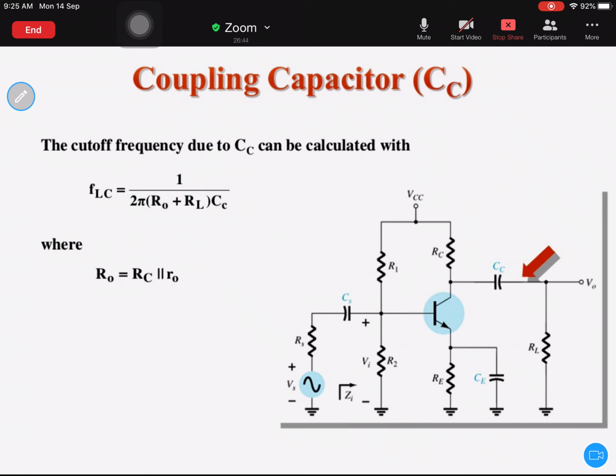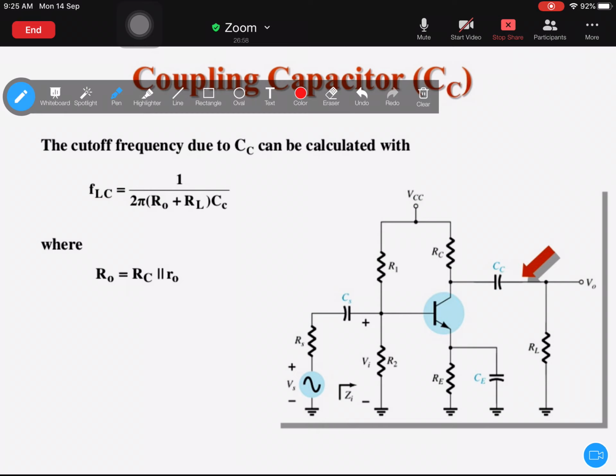Next one, if you are finding the cutoff frequency due to CC and only considering the effect of the output coupling capacitor, then the formula will be like this. Now you have to observe the circuit from the output end.